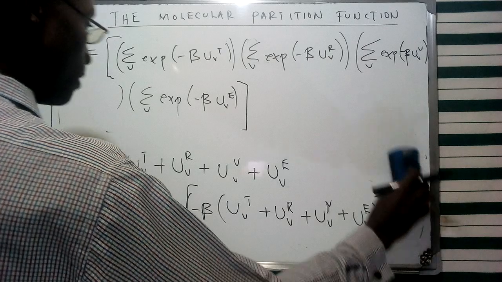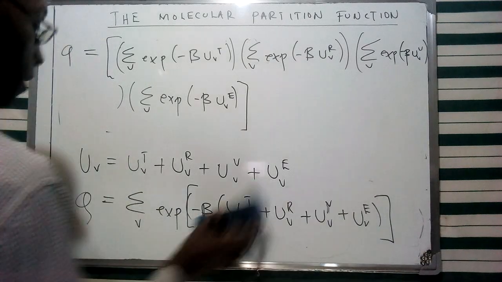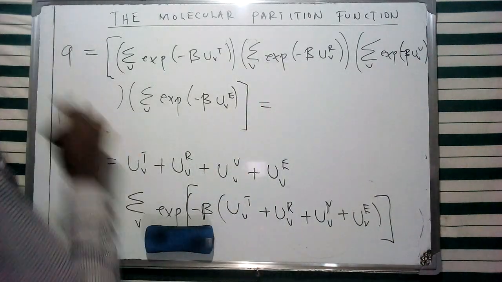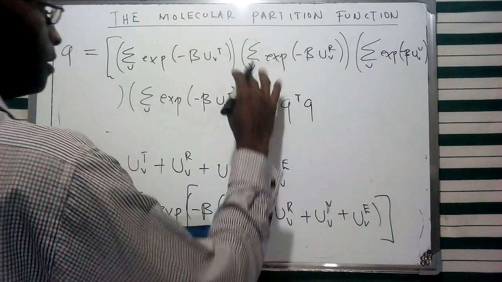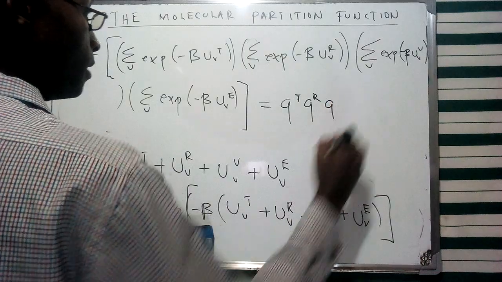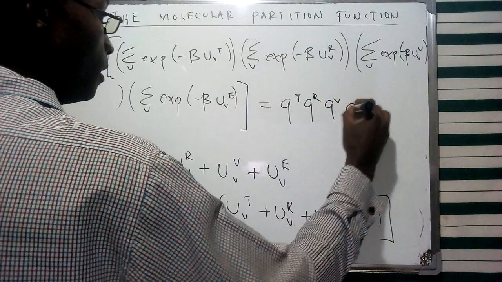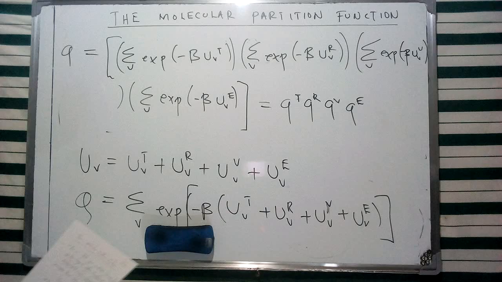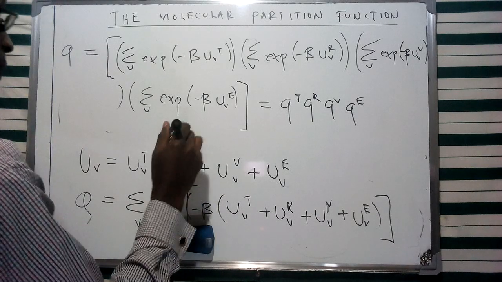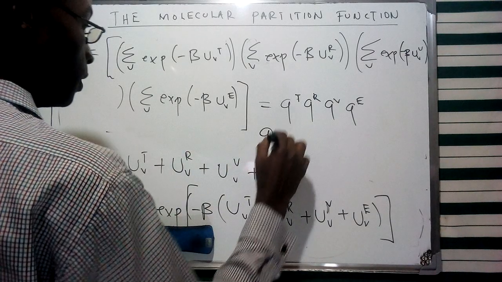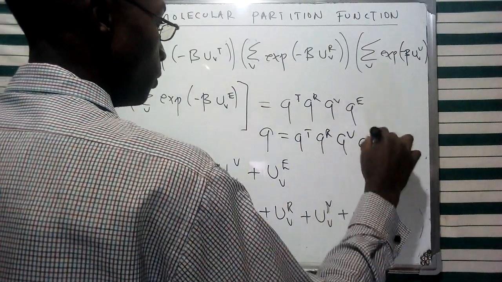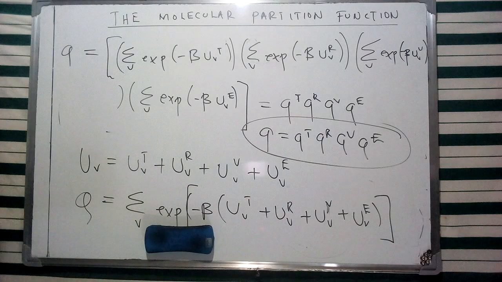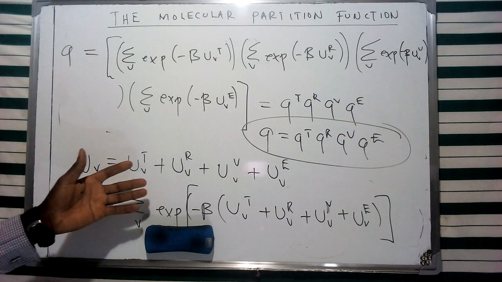All of this is going to give us Q represented as the term due to translation, times the term due to rotation, times the term due to vibration, times the term due to electronic. This is going to form a molecular partition function Q equivalent to Qt, Qr, Qv, and Qe respectively. So that's how we can represent a molecular partition function of an ideal gas in that specific order.